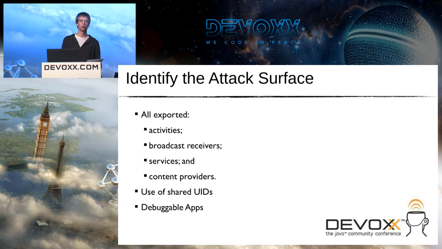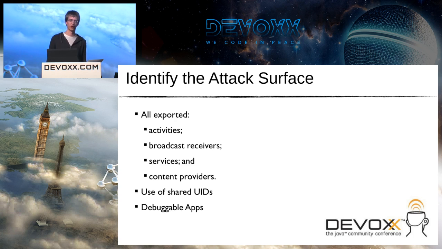So, what's the attack surface of a typical Android application? It depends on your application. Typically, it will be anything that you export to the IPC mechanism, so the activities, broadcast receivers, content providers, and services. Also, if your app is marked as debuggable, it's kind of game over.